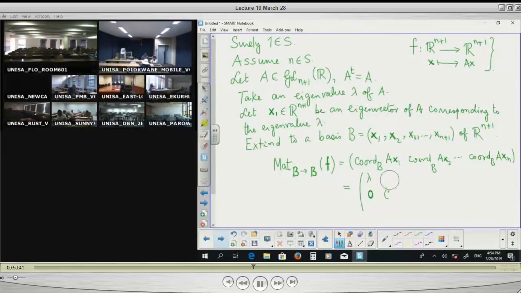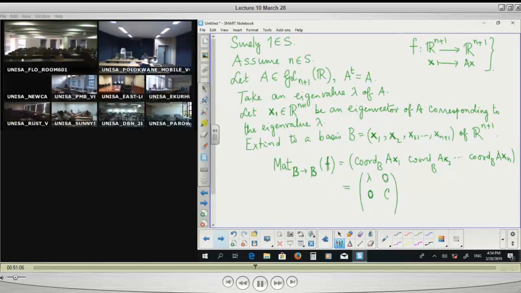Now there is another thing. I forgot, I should have said. This also shall be 0. Okay? This also shall be 0 because x2 is linearly independent of x1.